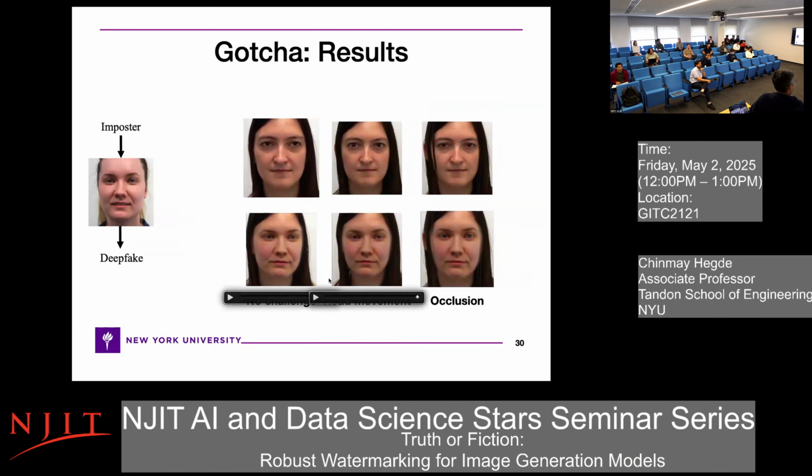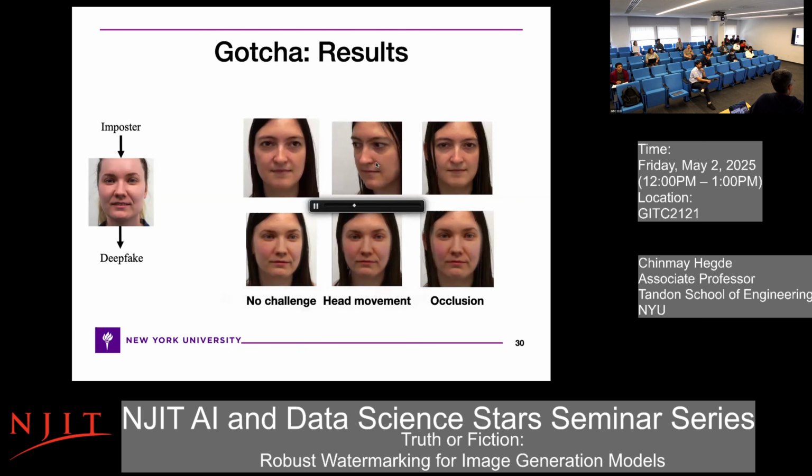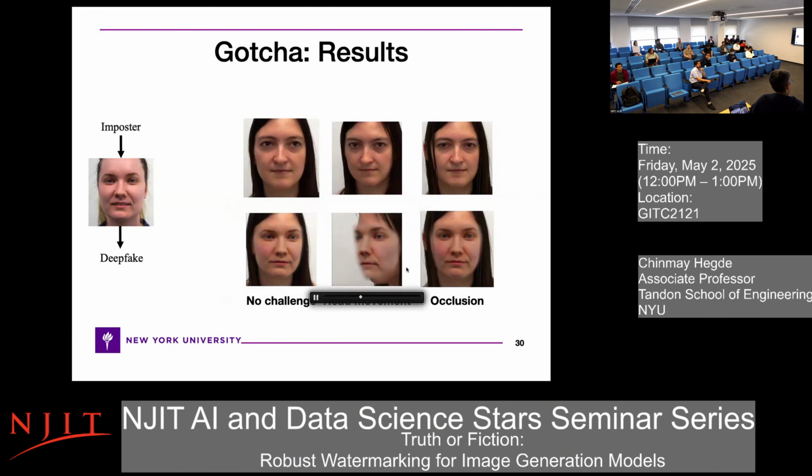Okay, good. So if I ask the person to move their head, this is the real person on the left, on the top, and they're trying to mimic the appearance of this person here. If I ask this person to move their head to the left, you can see that there are noticeable, visible artifacts from the deepfake pipelines.